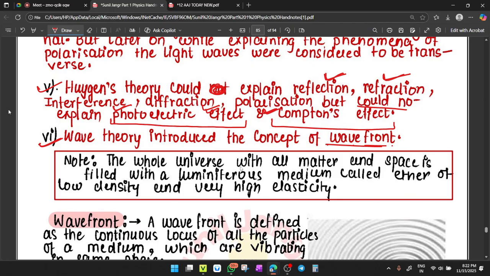Note, the whole universe with all matter and space is filled with a luminiferous medium called ether, of low density and very high elasticity. Actually, this medium, the name ether, was given by Newton.